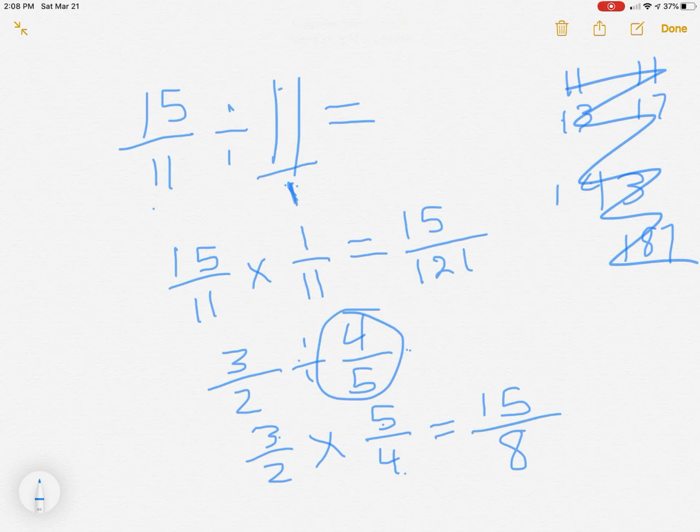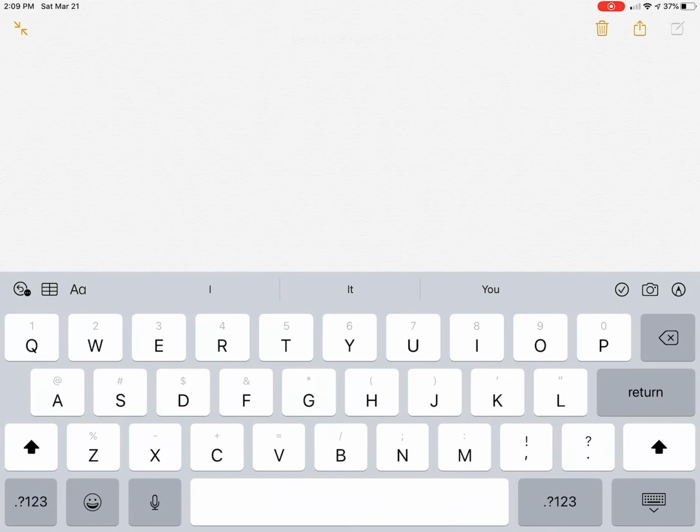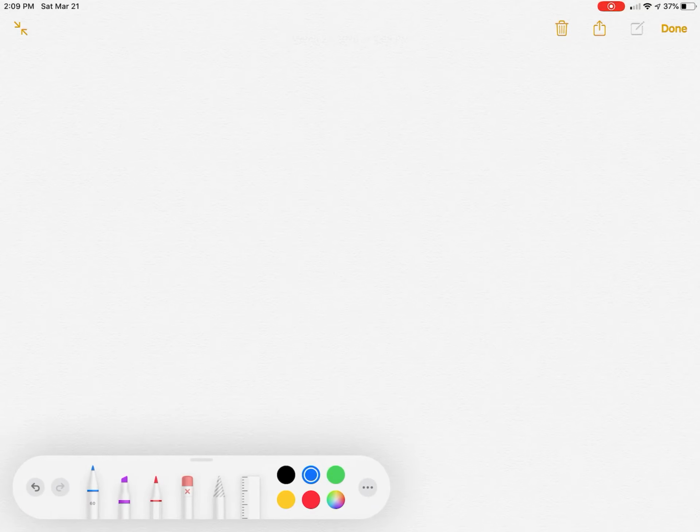Let's see, was there anything else I needed to tell you? Okay. Oh, simplifying. Simplifying to its lowest terms. Some of you got this problem. It gives different problems to you, so it's not always true.